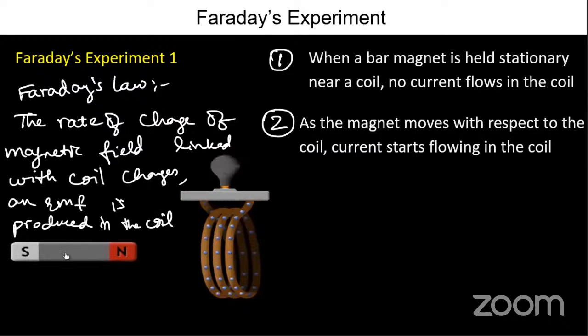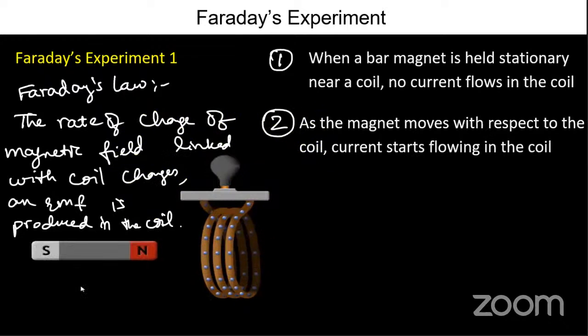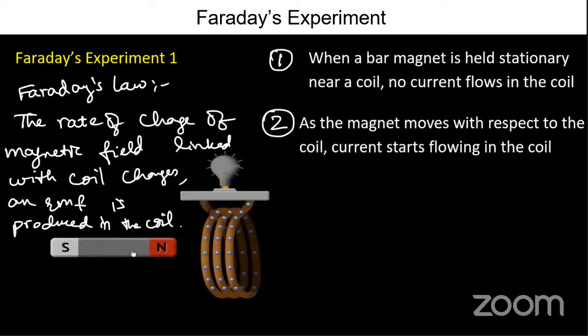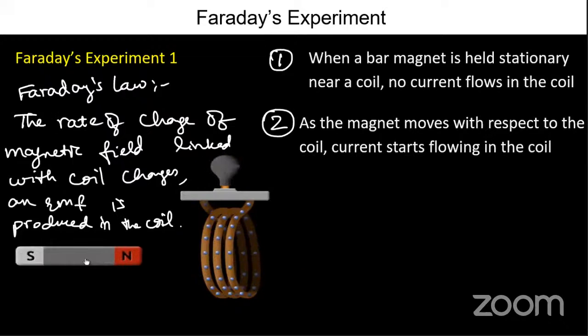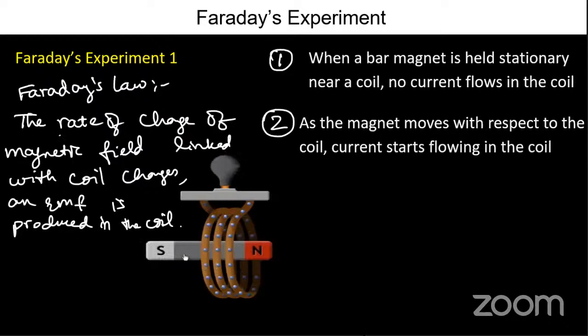Now we will study that in detail. So we are observing here, when the stationary magnet is brought near, or when the magnet is made to move, okay, not by heart. So the rate of change of magnetic field. What does rate of change mean, guys? Rate of change means the continuously changing magnetic field.